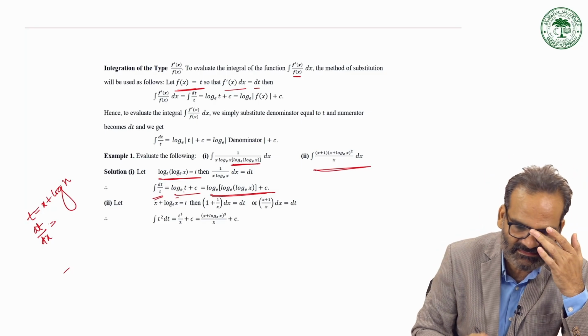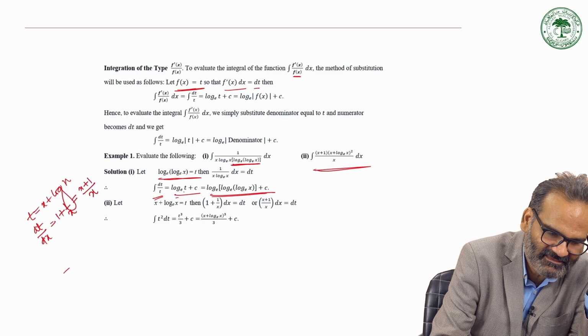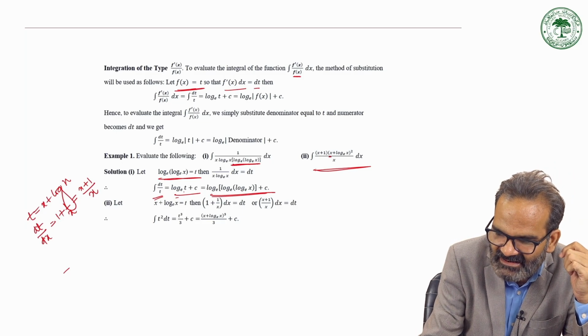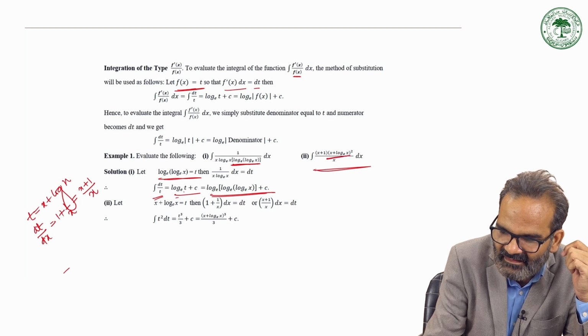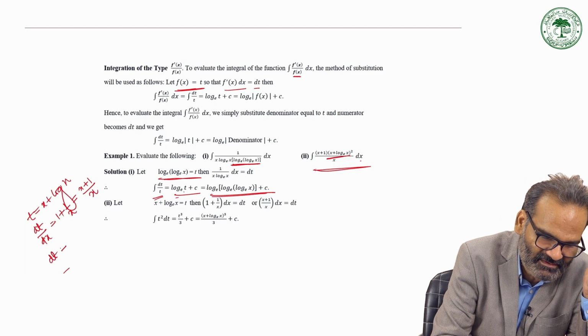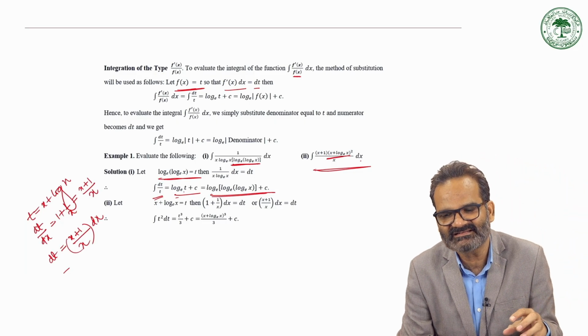What is the value of this? 1 plus 1 upon x, and this can be written as x plus 1 upon x. See, if we have taken this portion as t, look carefully, it becomes t square. What is left? x plus 1 upon x dx. So the value of x plus 1 upon x dx is dt.